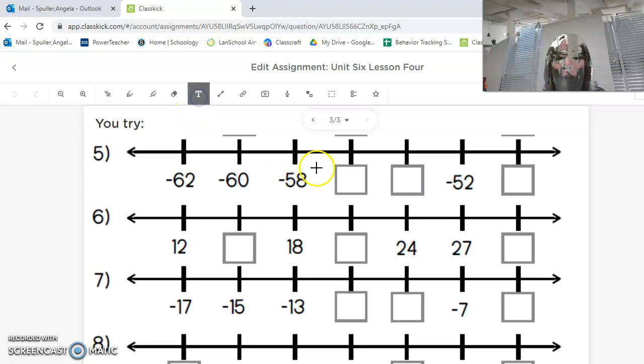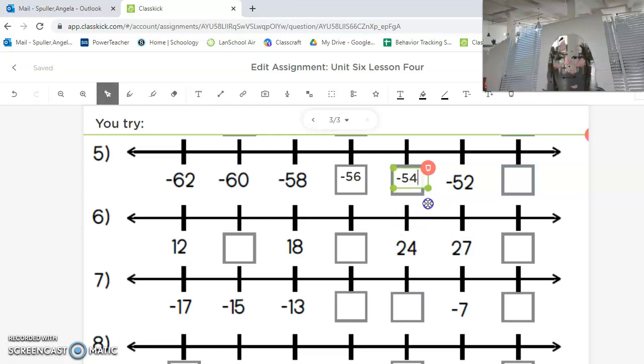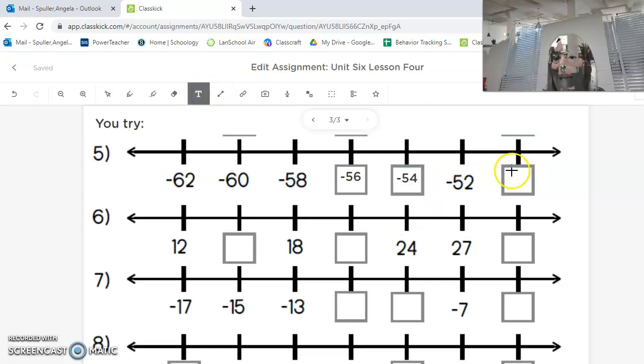Okay, for this one, you should have been counting by twos. So negative 62, negative 60, negative 58, negative 56, negative 54, negative 52, and negative 50.